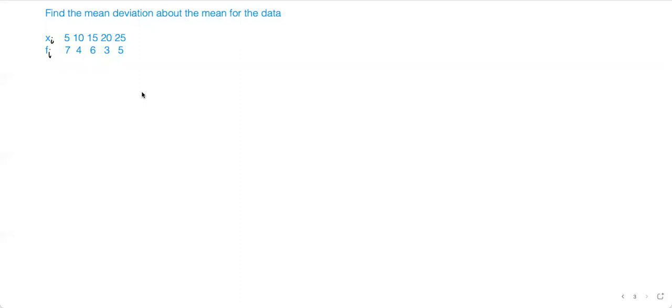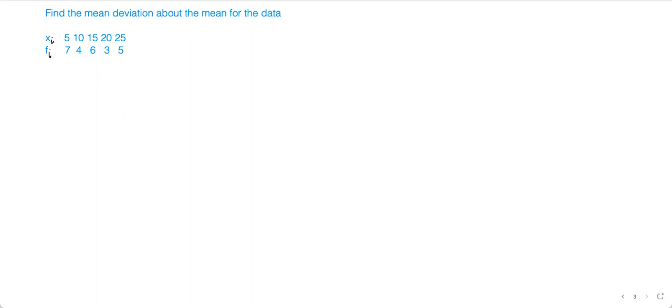Let us find the mean deviation about the mean for the data 5, 10, 15, 20, and 25, with frequencies 7, 4, 6, 3, and 5. Let us see the solution. First, let us make the table.